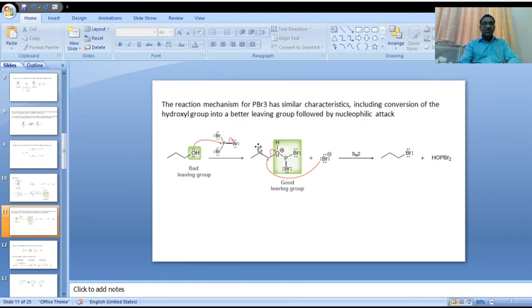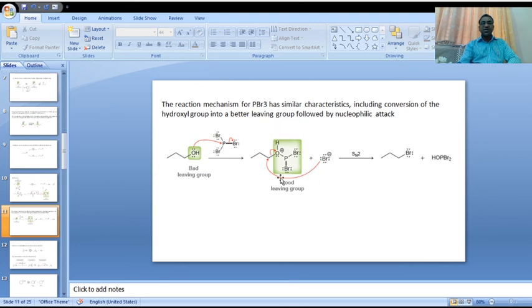Is it clear? Then there is immediate loss of Br minus. The intermediate formed acts as a good leaving group.